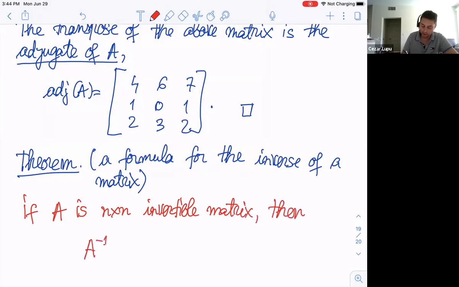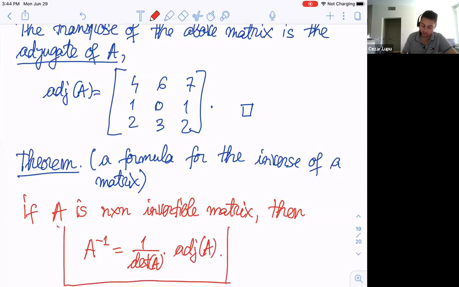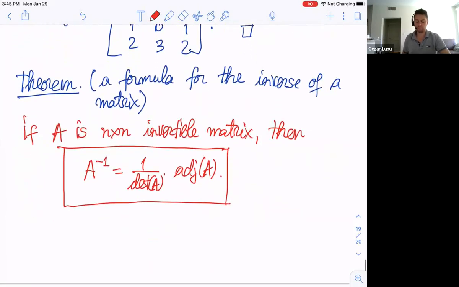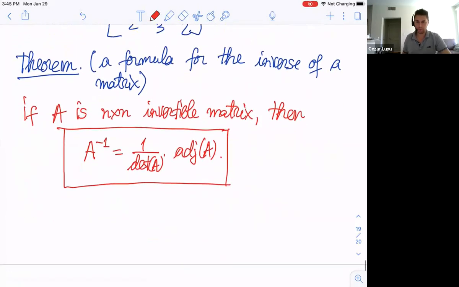The inverse, A inverse, is nothing else than just 1 over the determinant of A times the adjugate of A. I've talked about this in one of the lectures, but it was briefly discussed. I'm not going to go into the proof of this too much. It's in the book.